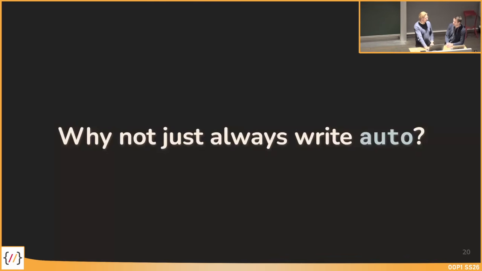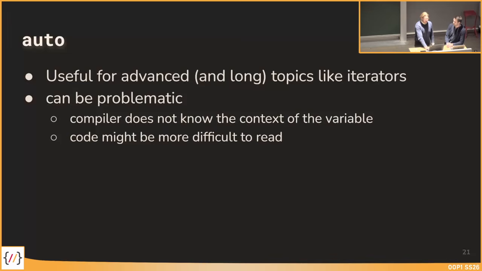Yeah, so when should we then use auto? We will also introduce this later: if you have, for example, more complex or longer data types that are not used for any particular logic, but only for printing something, and you want to iterate over this, this would be a wonderful use case for the auto keyword.